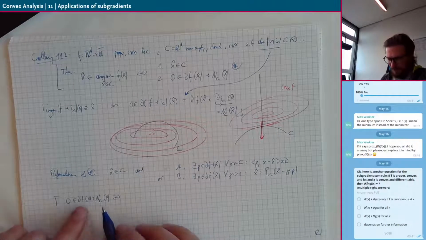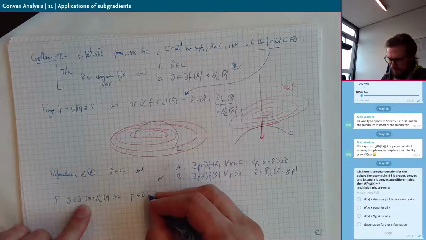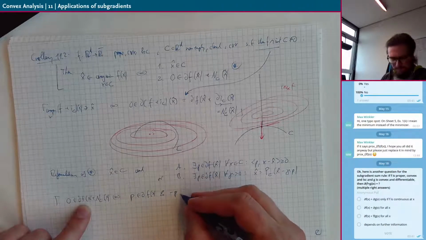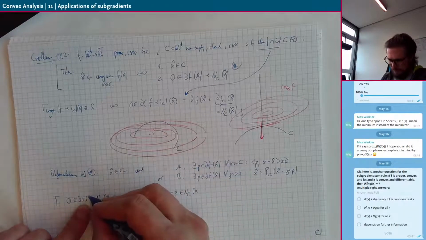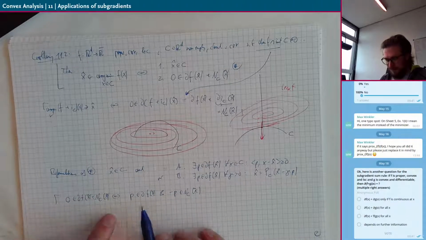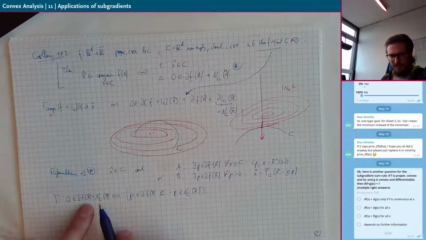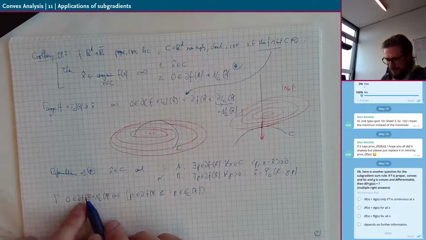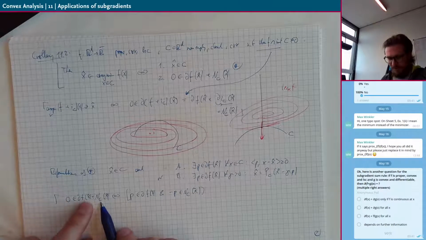One way to characterize this means that there is a vector p in the subgradient of F, and minus p is an element of the normal cone. Actually, it should be hats all over the place here, x hat and x hat. So these two things are equivalent. This is how an inclusion with the sum of set-valued operators is decoded: there has to be one element in here, and the negative has to be in there. Only if this holds does the sum contain 0.